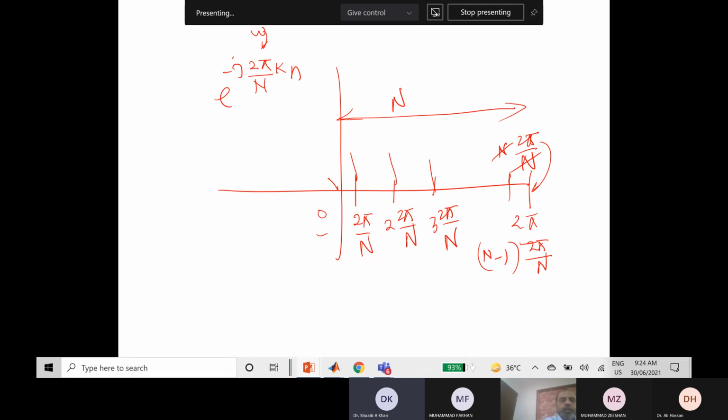Omega has been changed, and here you have the same x of n. It goes from 0 to N minus 1. Instead of calling it X of e to the j omega, you write it X of k. So this is the formula for the discrete Fourier transform.